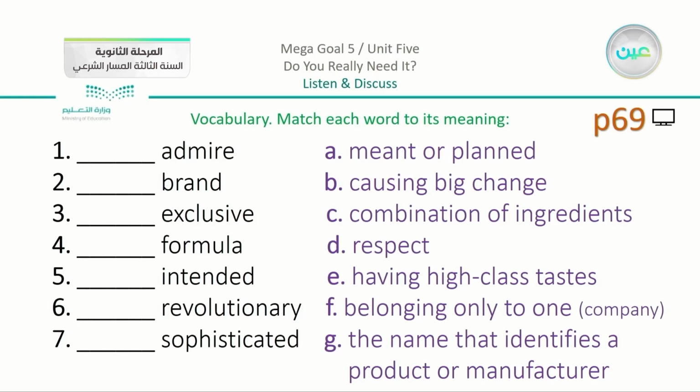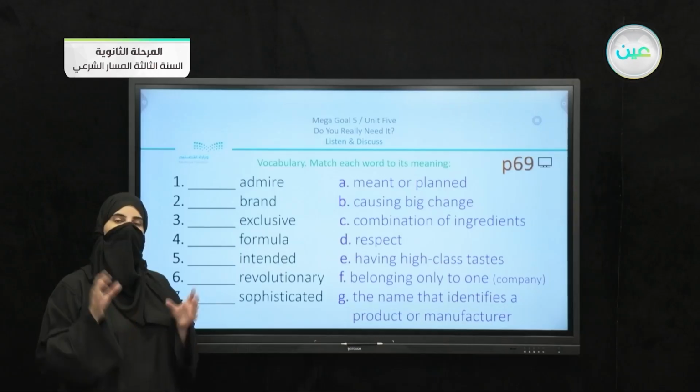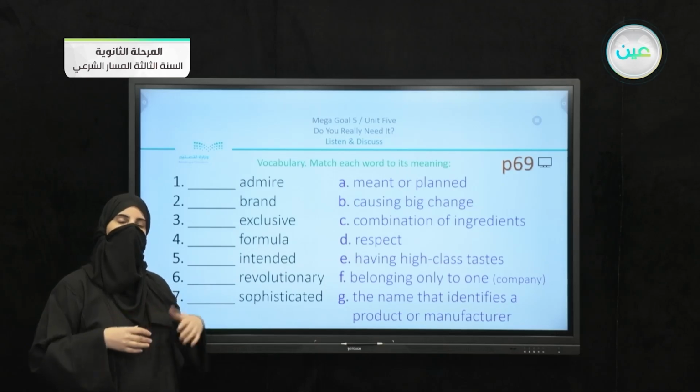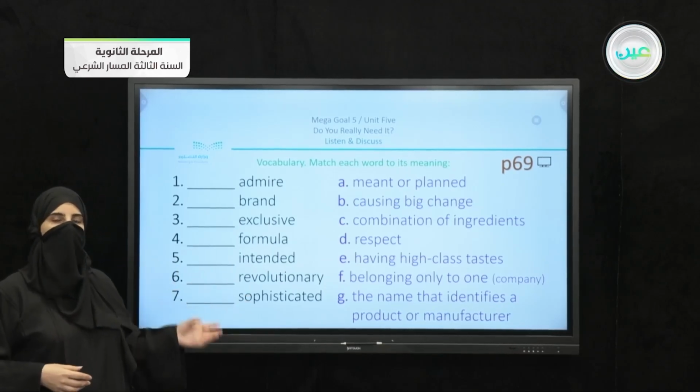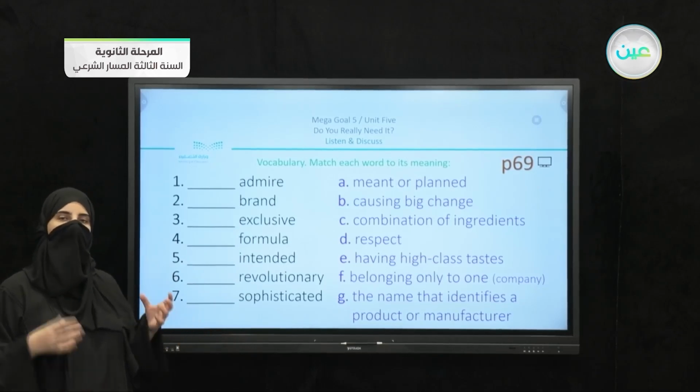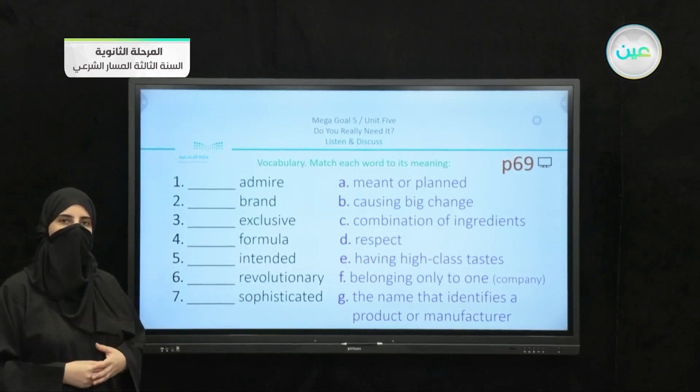Then number 6, this one is a long one, but you can just divide it a little bit. We have here revolutionary, revolutionary. And we have number 7, sophisticated. Now remember the lesson about consonant clusters and how some consonants are clustered together. So when you have a big word like revolutionary or sophisticated, it will be easier for you just to remember the consonant clusters and try to pronounce them together.